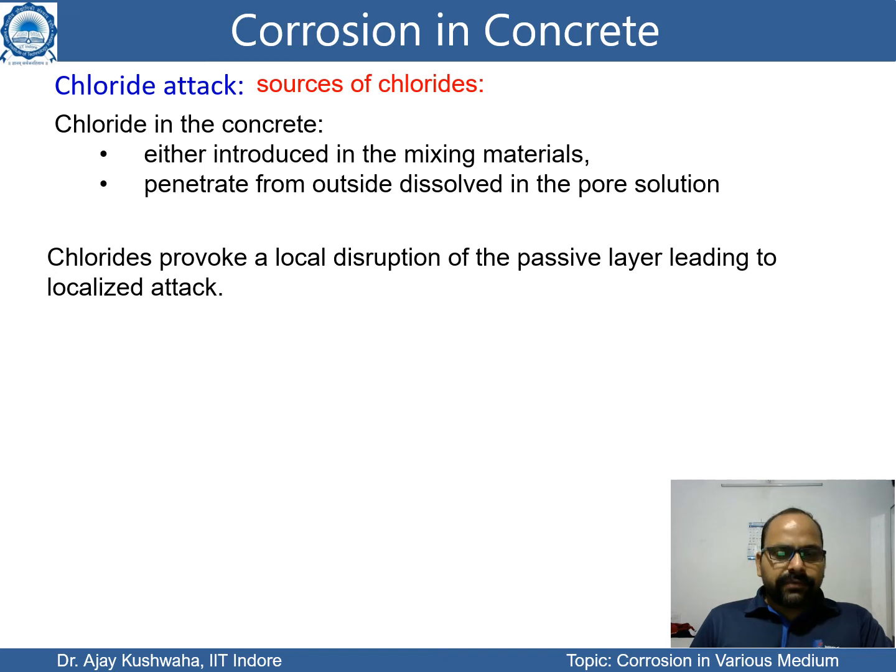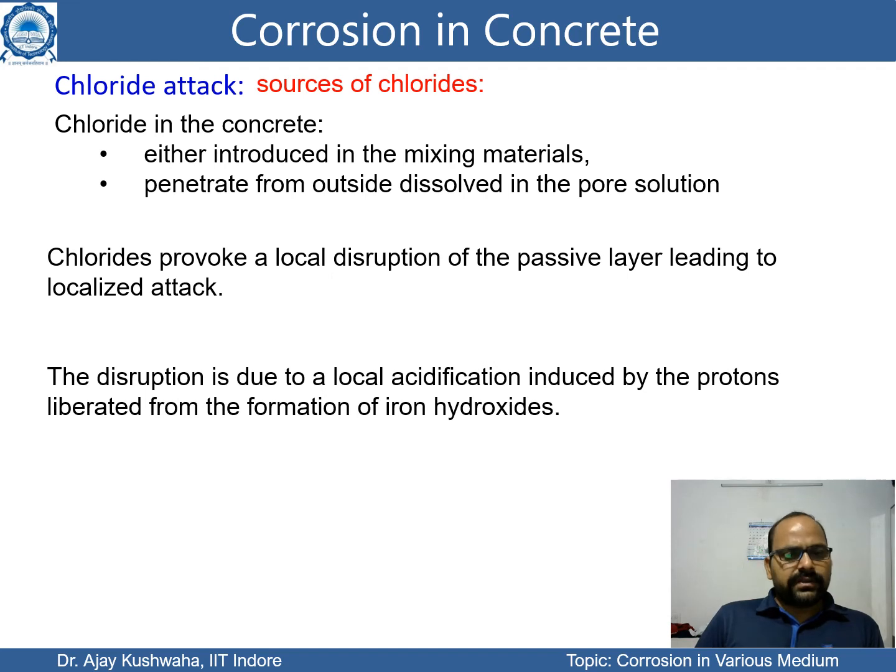What is happening when chlorine is present in this structure? Chloride provokes a local disruption of the passive layer, leading to localized attack. So basically it breaks that passive layer, and then we see the attack. The attack is due to the localized acidification induced by the protons liberated from the formation of iron hydroxide.